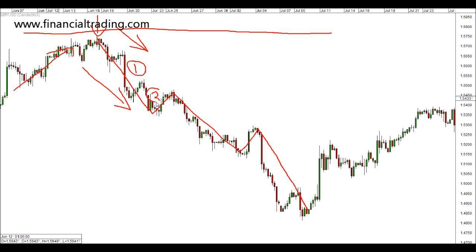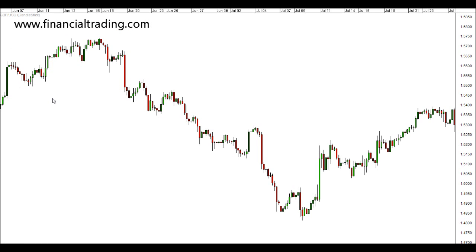We then get to wave 2. Let's make this a bit clearer. So wave 1, wave 2. At this point, enough people who were in this original wave start to take profits, which obviously causes price to appreciate as they close short positions, and that leads us into wave 3.